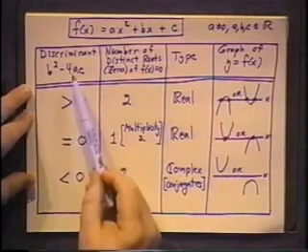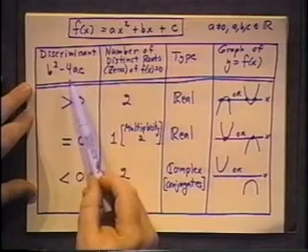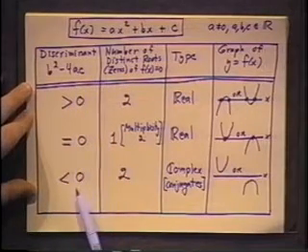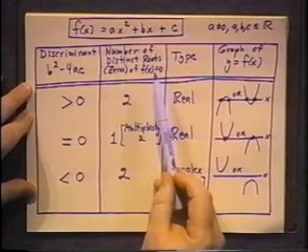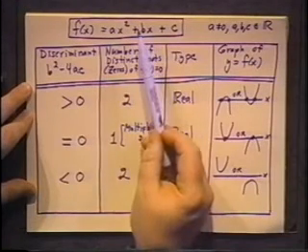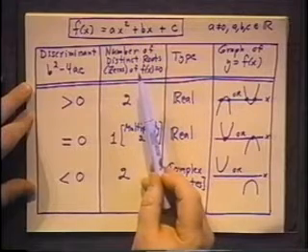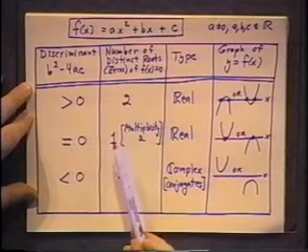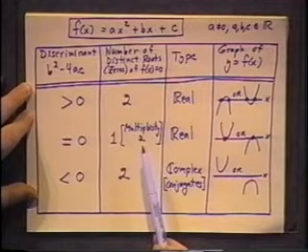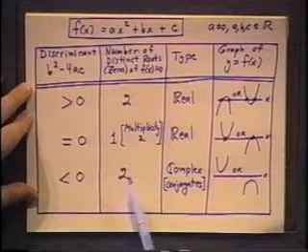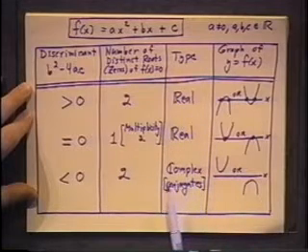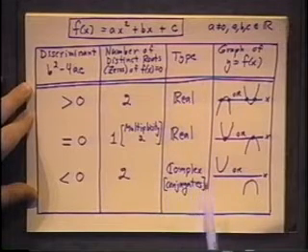And then I have the discriminant, b squared minus 4ac being greater, equal, or less than 0. The number of distinct roots, or zeros, of f of x equals 0. When this function is 0, that's the quadratic equation. You get 2, 1 with multiplicity 2, so you sort of have 2 anyway, and 2 here for the complex case. They are real, real, and complex, and these complex numbers are conjugates.